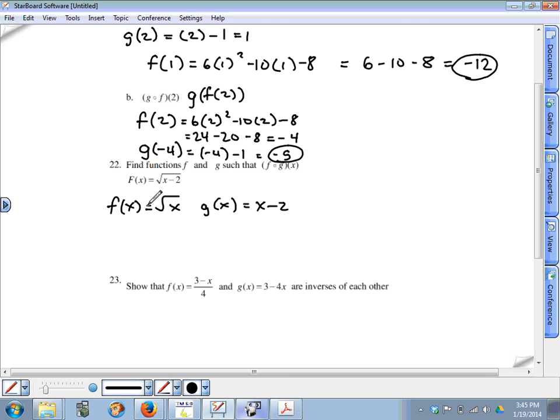That's all they were asking you to do on this problem: find the two functions such that when you place them together, or when we form the composition, it would give you capital F of x.